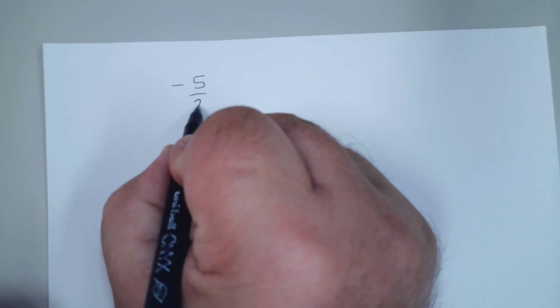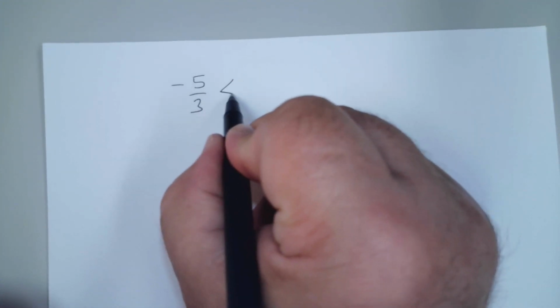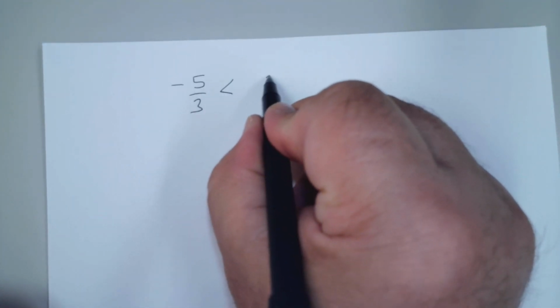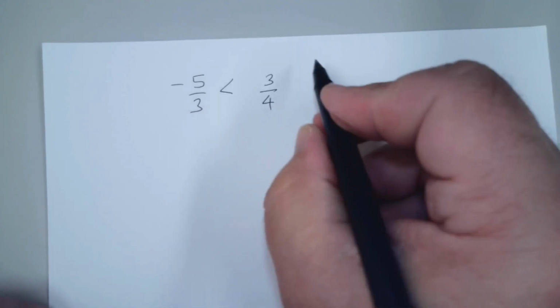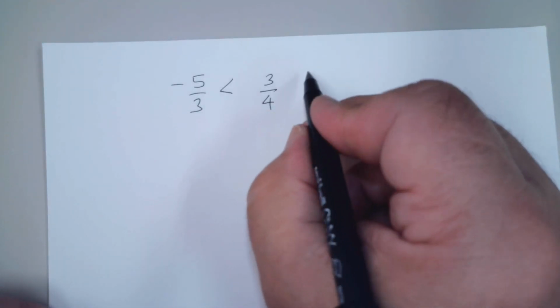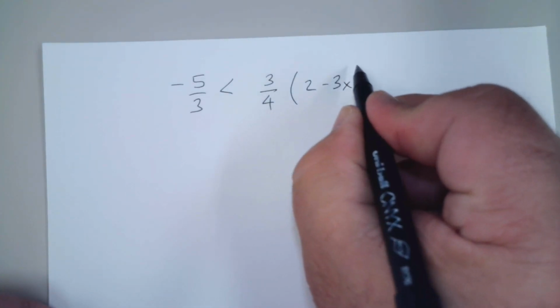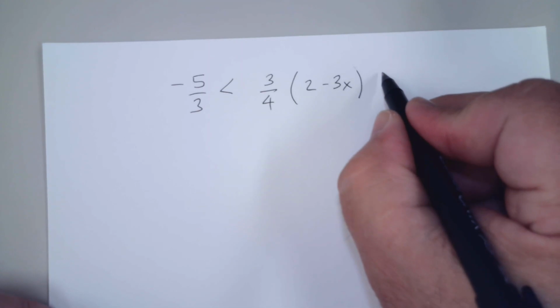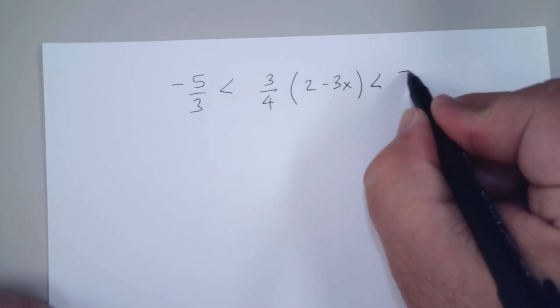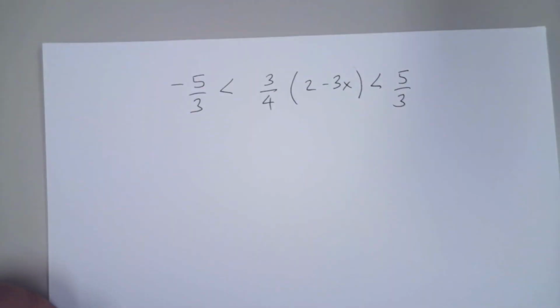Negative 5 over 3 is less than 3 over 4, 2 minus 3x, 5 over 3.